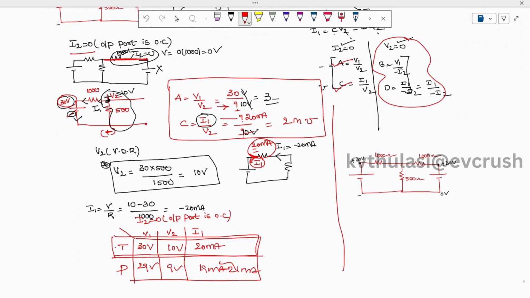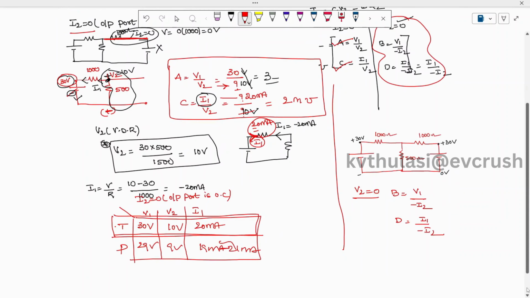Here we are going to perform with V2 equal to 0, and we need to find the value of B equal to V1 by minus I2, and D equal to I1 divided by minus I2. These two values we need to find out. So how to find them? Let's see.